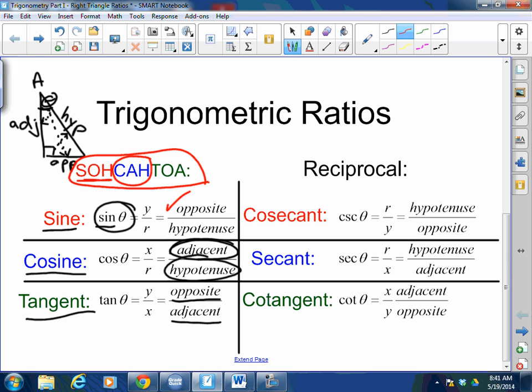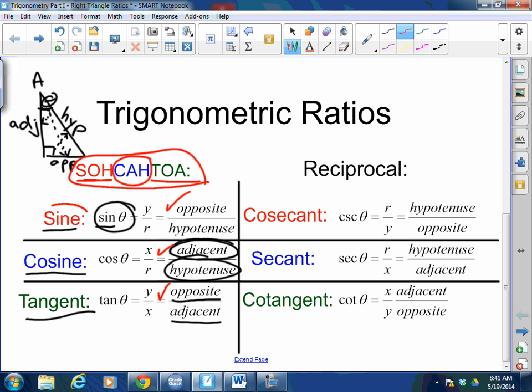Cah. Adjacent over hypotenuse. Check. Toa. Opposite over adjacent. Yeah, I'm glad you're laughing. Hopefully you remember by the laughter, okay? So, SOHCAHTOA.